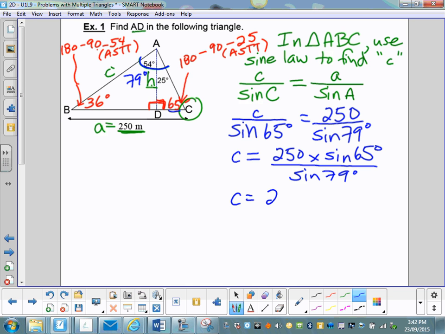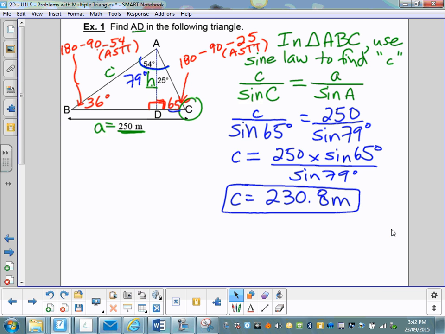And when I calculate that, I'm going to get 230.8 meters for side C.